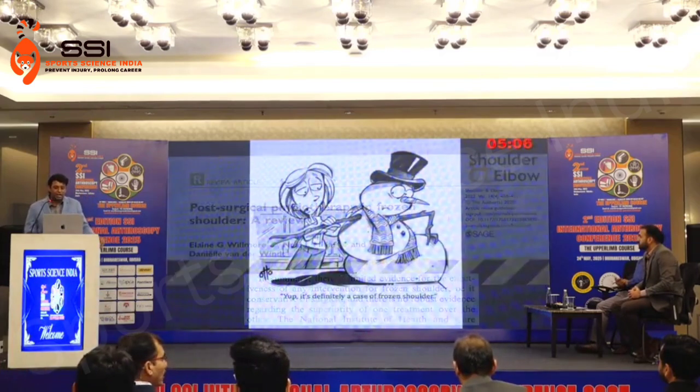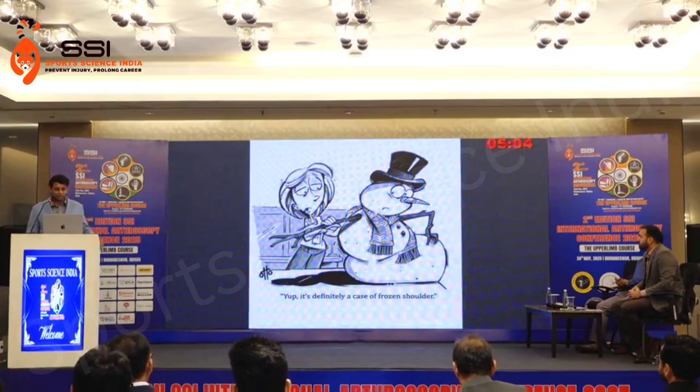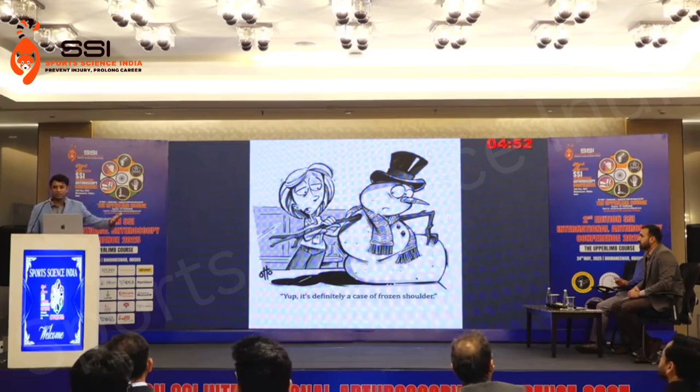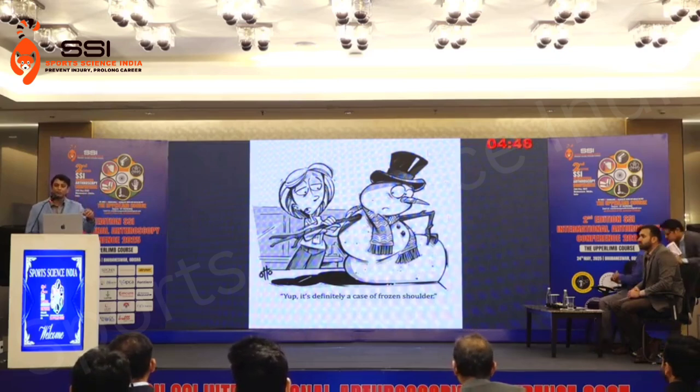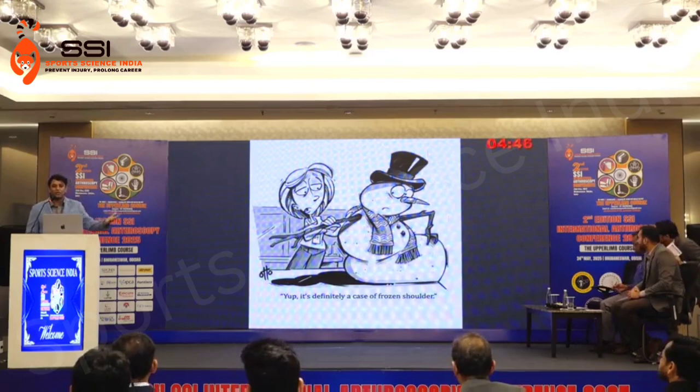When I started the practice, every shoulder pathology was treated as periarthritis. That's how they come up. Trust me, even an orthopedic surgeon would do that, not just a general medicine physician or any other guy. That's how it all started.